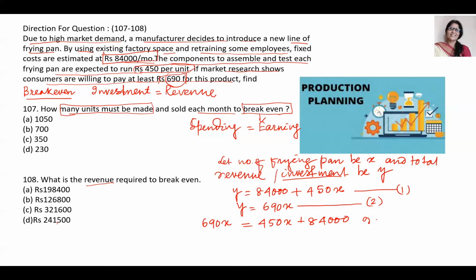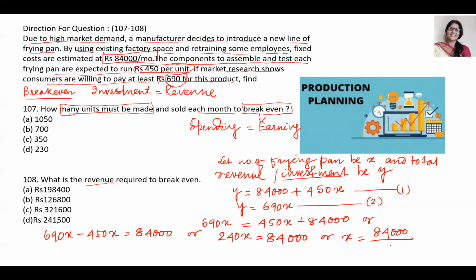So 690x minus 450x is equal to 84,000. 240x is equal to 84,000, or x is equal to 84,000 by 240.